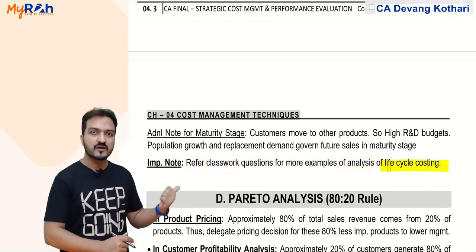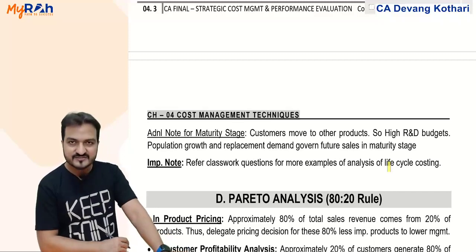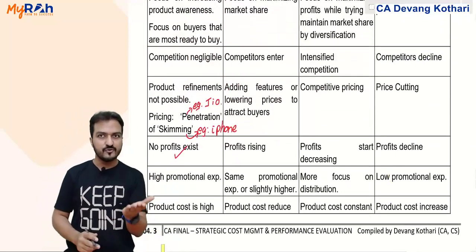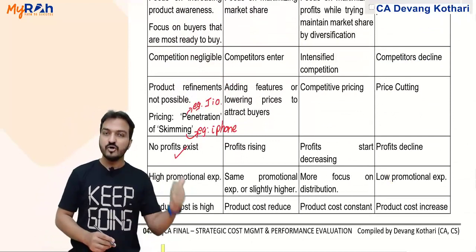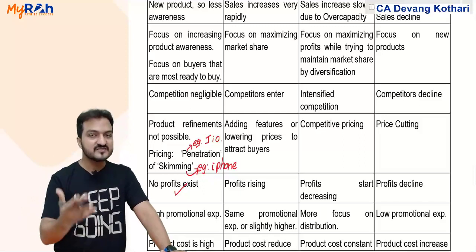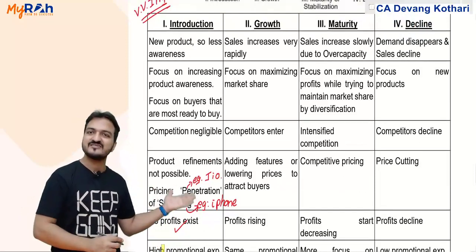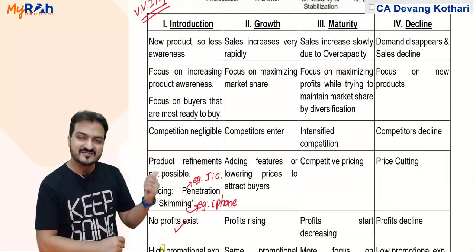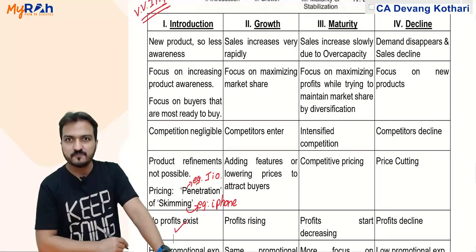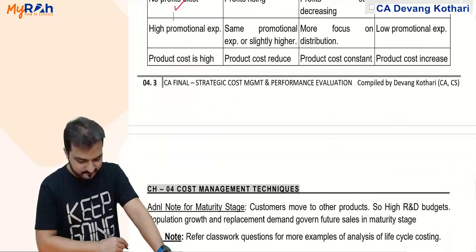Every time you study the classwork questions, keep this table beside you so that you can compare which answer's analysis is related to this table. How is this table relating to the analysis given in the book? That you need to study. Done? Yes. Okay.